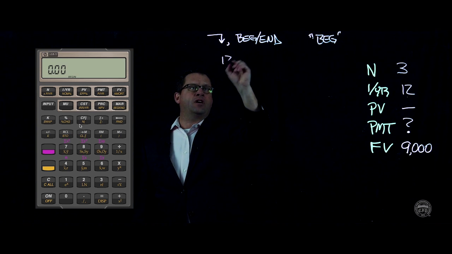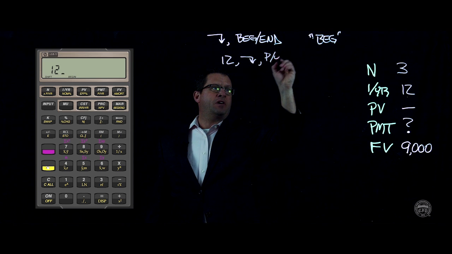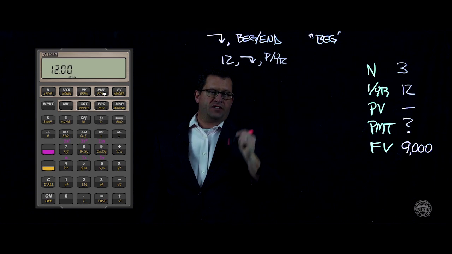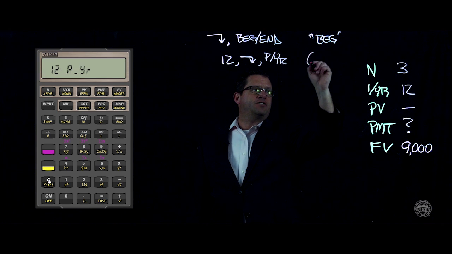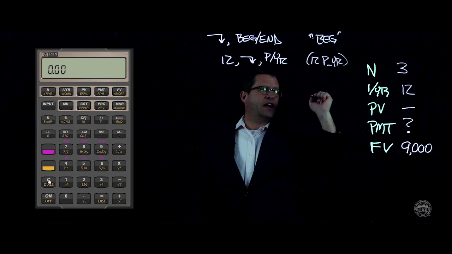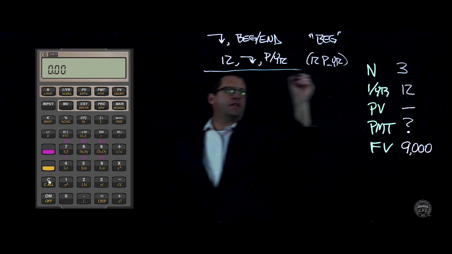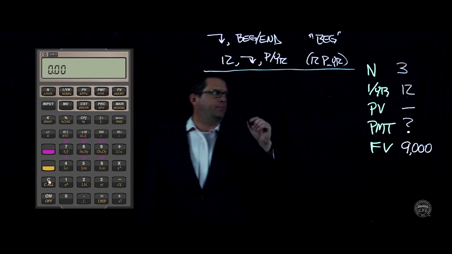So we're going to enter 12, downshift key, compounding periods per year. We can double check this by hitting our downshift, clear all, and we should see 12 P/YR flash on the screen. Now that we've got those important pieces of information in, we can enter the rest of the problem.